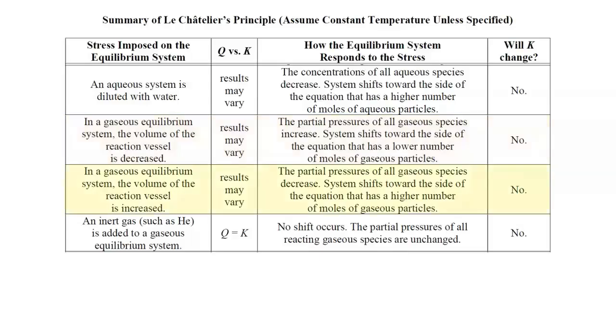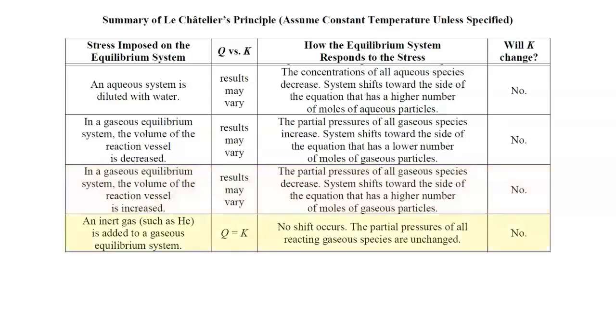What if the volume of the reaction vessel is increased? Again, results may vary, but the partial pressures of all gaseous species decrease. The system will shift toward whichever side of the equation has a higher number of moles of gaseous particles.